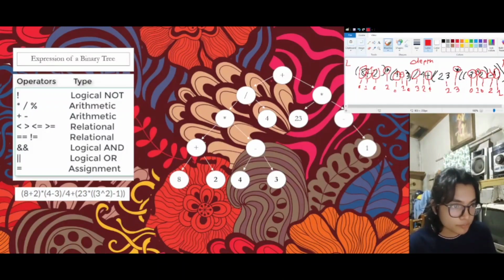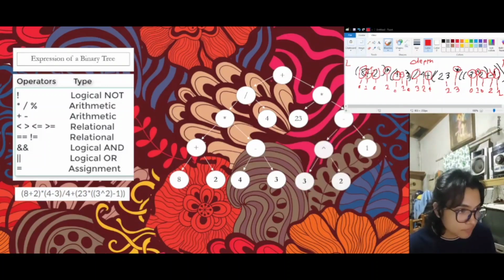Then we're going to put the inside operations, which is before the minus of 1. So we're going to have 3 to the power of 2 inside the minus.